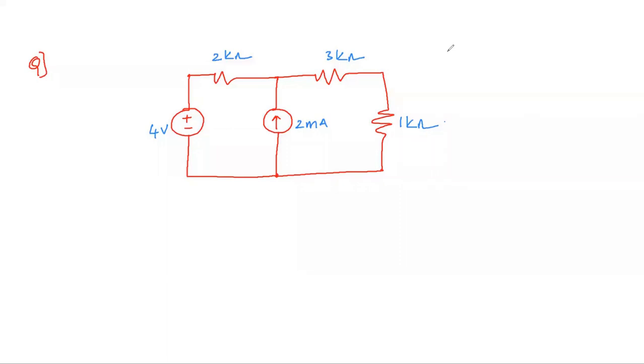He's talking something. Wait. You will definitely not understand what this is. Just take this one as network B, the 1 kilo ohm as network B, and convert that into Thevenin's and Norton's equivalent circuit.